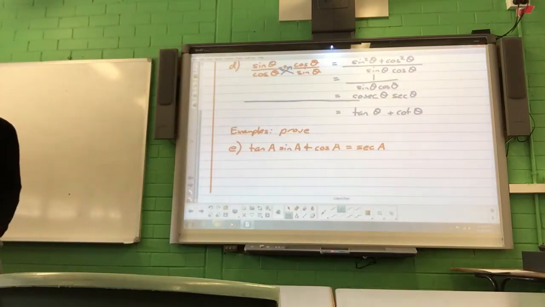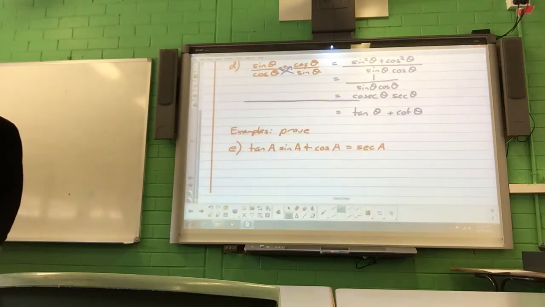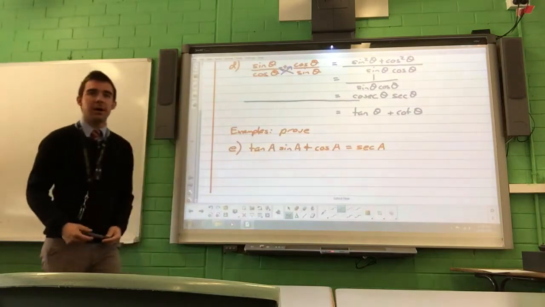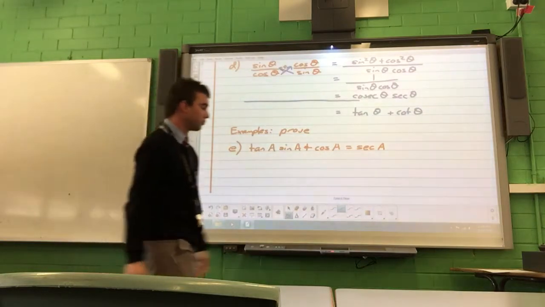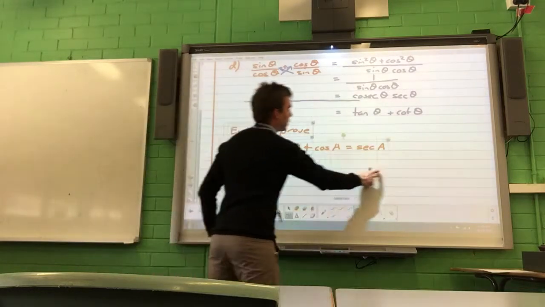So you need to be able to manipulate one side or both sides of the equal sign in order to get an expression that is the same on both sides. I suggest you start with the side that has more information in it, the left-hand side.